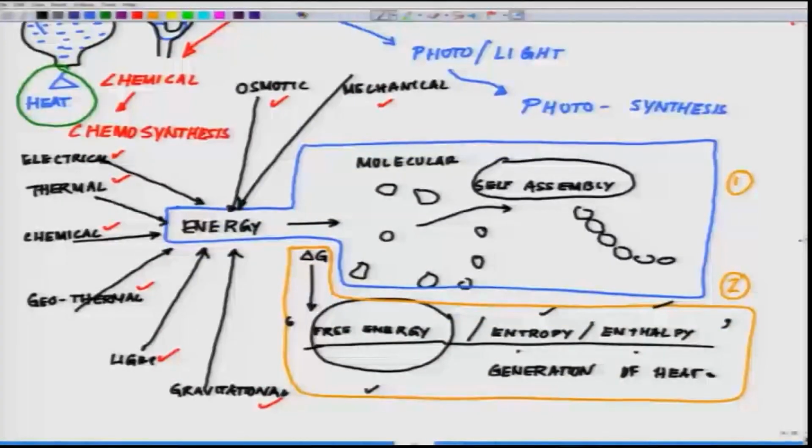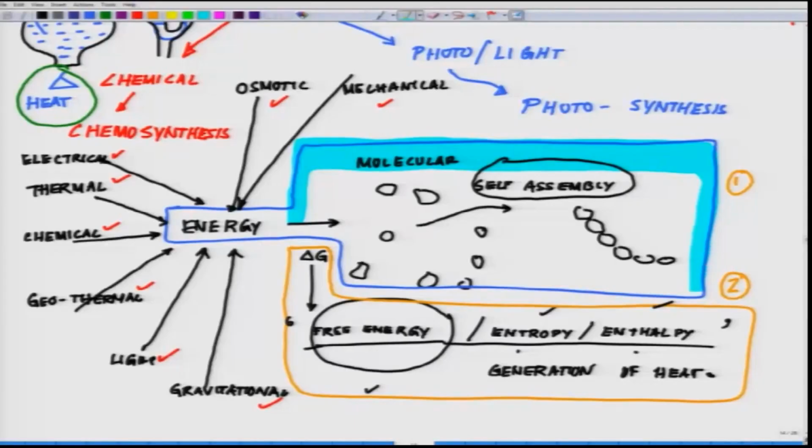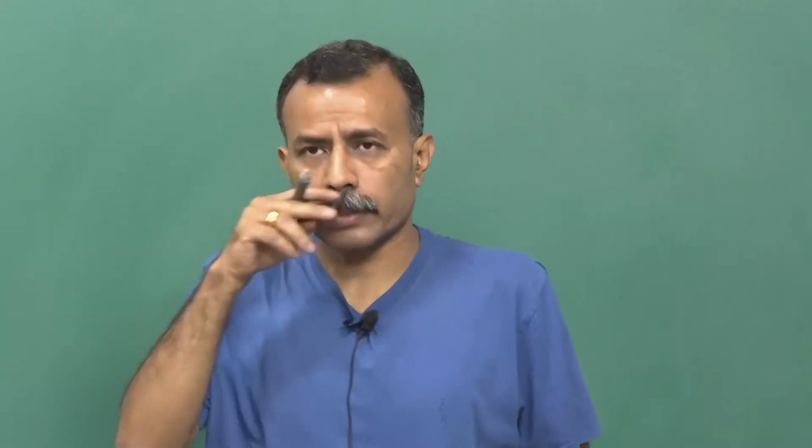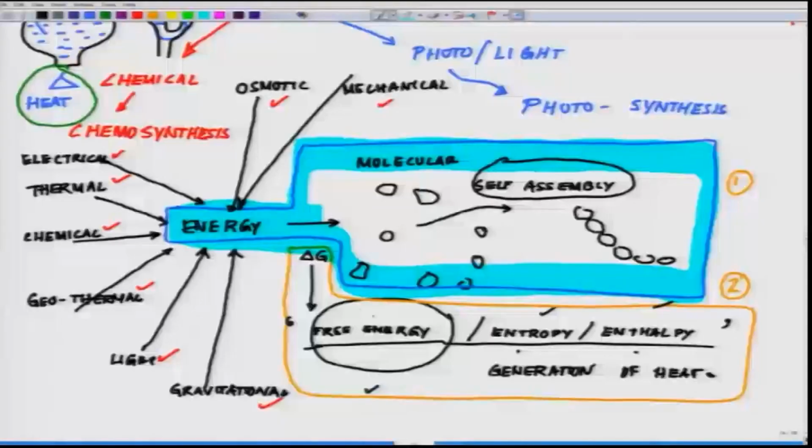If you follow this blue box, this process of self assembling, whether it will happen or not, is a function of whether it will happen spontaneously or you need to infuse energy into the process, and that depends on this parameter, the free energy.